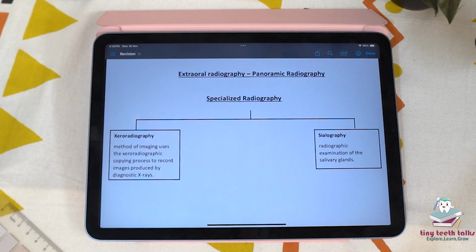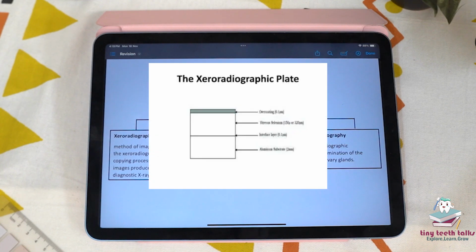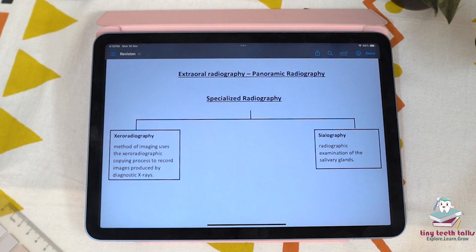Xeroradiography by the Chester Carlson method contains the xeroradiographic layers of the plate, how it works, and its advantages and disadvantages. And we saw sialography, which includes introduction of contrast media with indications and contraindications.